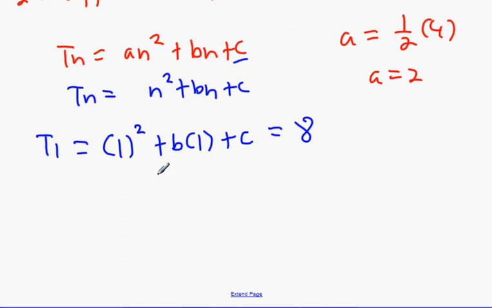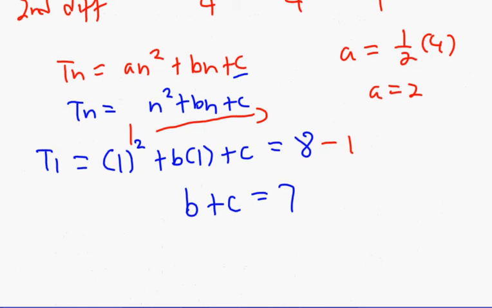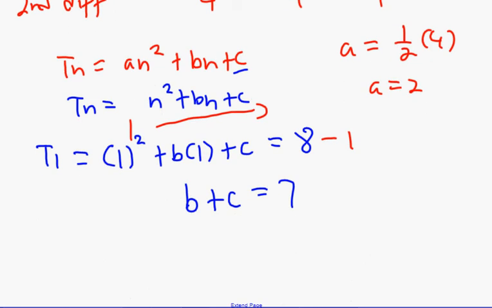That 1 squared is 1. Bring over the 1, it becomes a minus 1. B plus C equals 7. We know that B is 1, C is 5. So B plus C should equal 6.